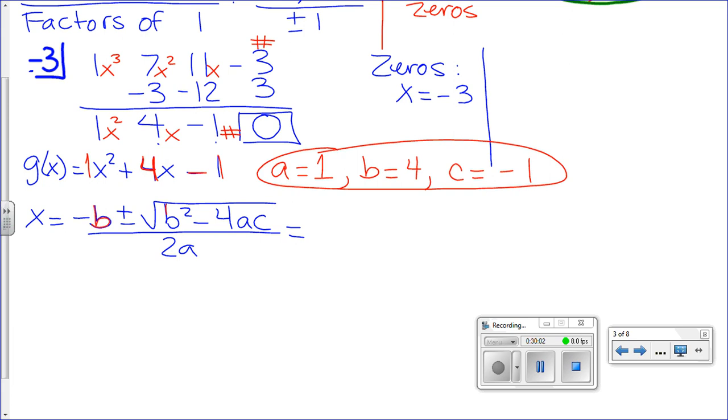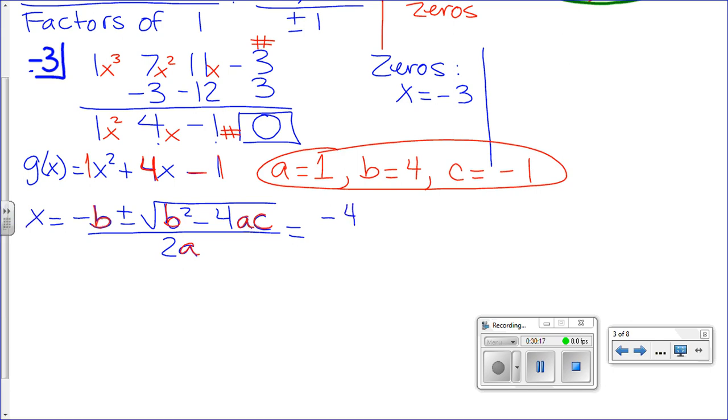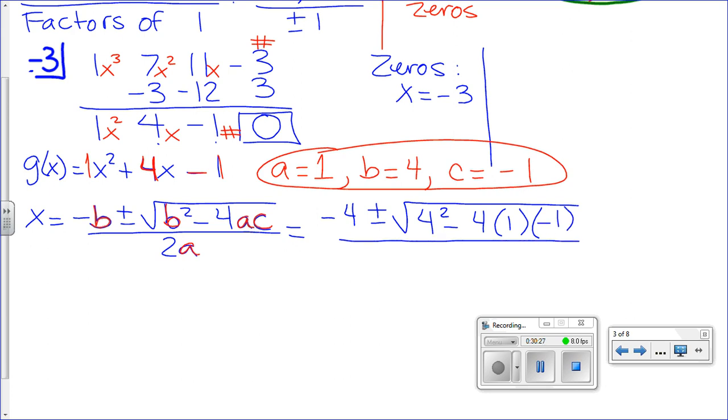So we're going to substitute b here and here, also a inside the radicand and also a as part of the denominator. So by doing that, we're going to have negative 4 plus or minus the square root of 4 squared minus 4 times 1 times negative 1. All of that is divided by 2 times a, so it will be 2 times 1.